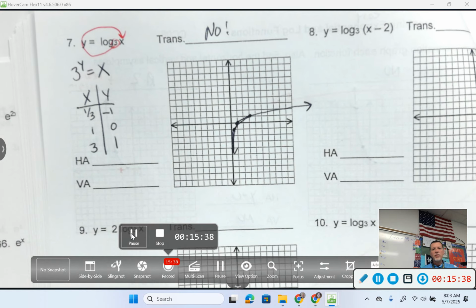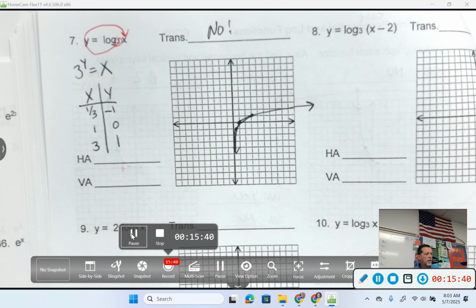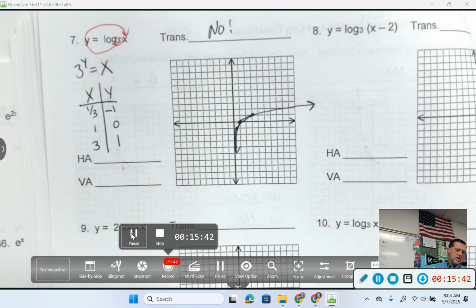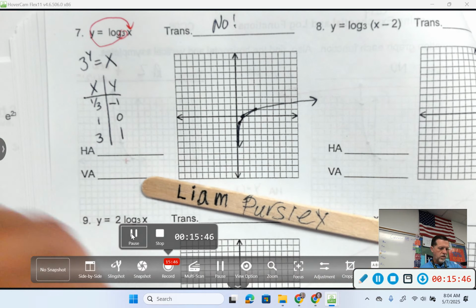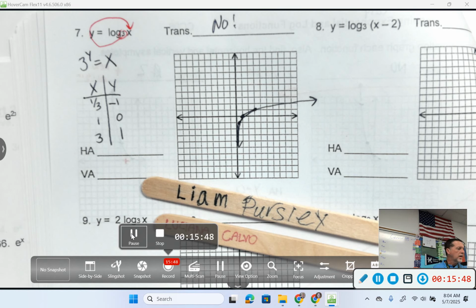No transformations, that's the parent function. Liam, what do you think for a horizontal asymptote? But it goes up past y equals 2.